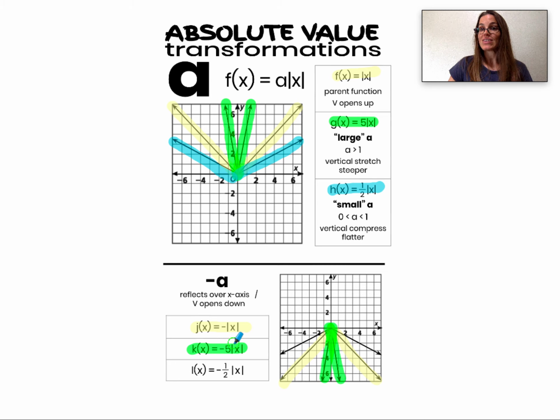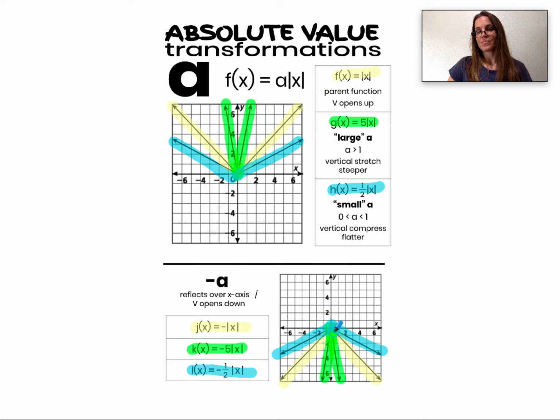So -5 is bigger in absolute value, and so I have a steeper, vertically stretched graph. If a is small in absolute value, as in l of x equals -1/2 absolute value of x, I have two transformations here. I've reflected over the x-axis and my graph is vertically compressed.